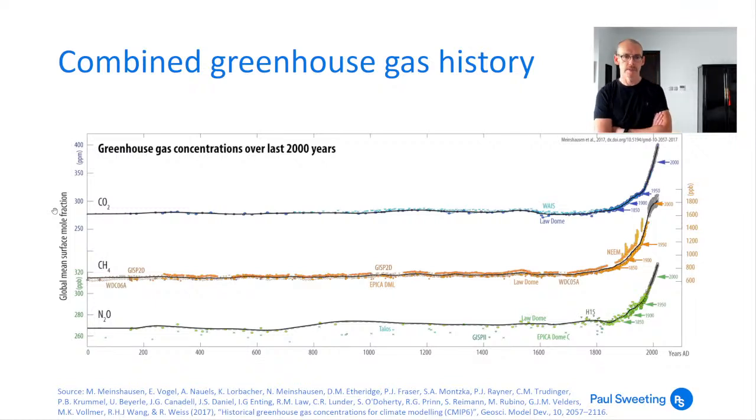So this is what greenhouse gas concentrations over the last 2,000 years look like. And it does kind of look like when the Industrial Revolution came along, things started getting a bit out of control. What's quite interesting is the pattern of these, so the shape of them as well. And this is another interesting modelling aspect, that although you've got more or less exponential growth, it's not uniformly exponential.